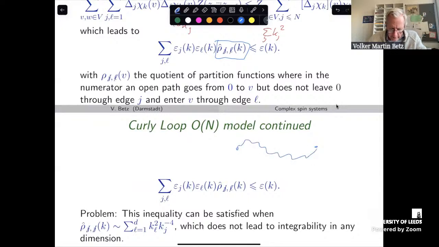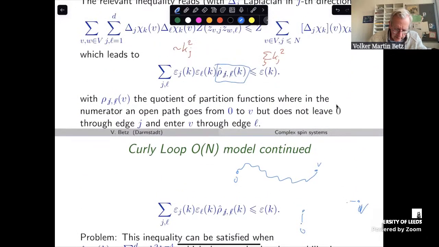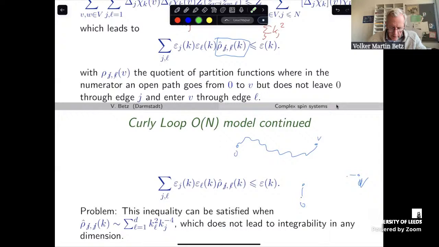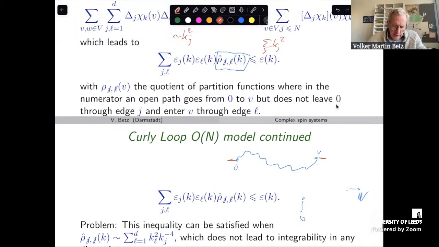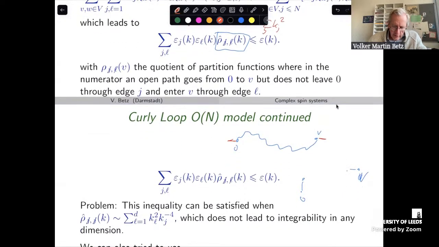One is the quantity where you just go from 0 to v in any case, and one is the quantity where you go from 0 to v but are not allowed to use one certain direction. This is why J and L are crossed out. You're not allowed to use the first direction going out of 0, and this one is a forbidden direction of going into v. And you would have to compare these quantities in some meaningful way to the quantities where you're not forbidden to use that edge.